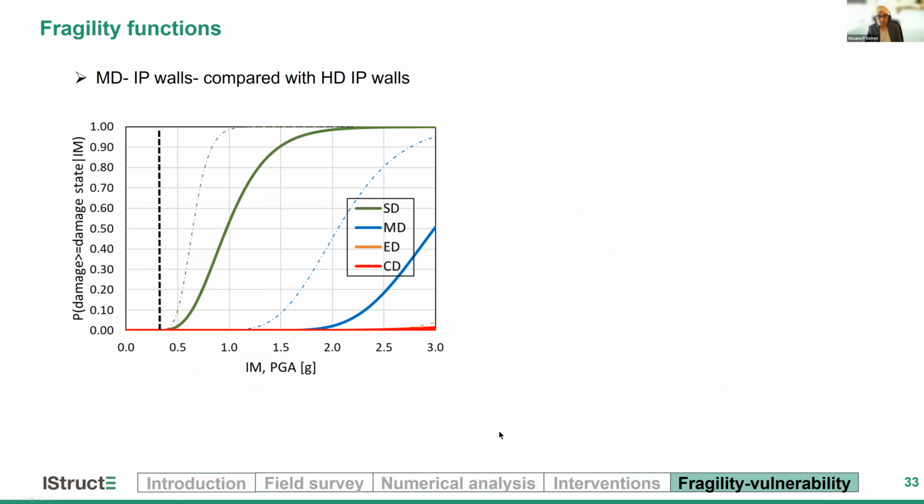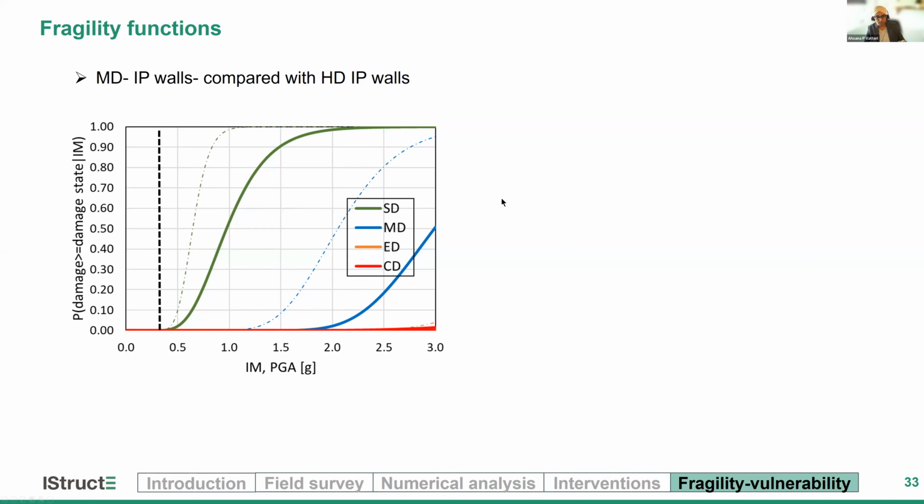So for the sake of completeness, we can also look at the in-plane walls in the medium design and high design cases. We can see that they are already very okay for this level of seismic intensity.